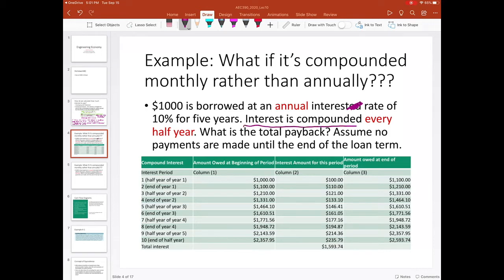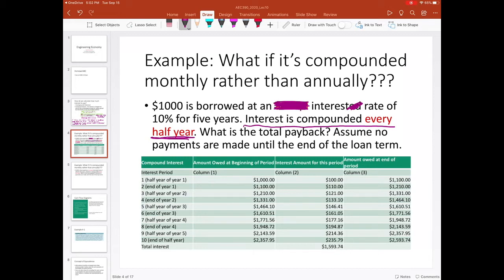But here you see the interest is compounded every half year. So now what is the total payback? And we also need to remove this "annual interest" so that the statement will not be confusing.